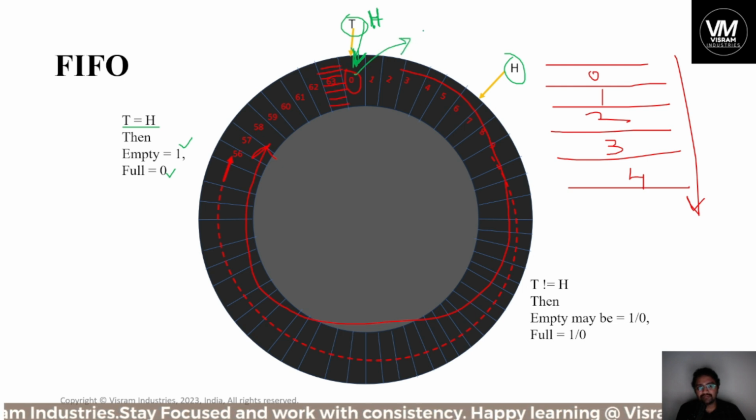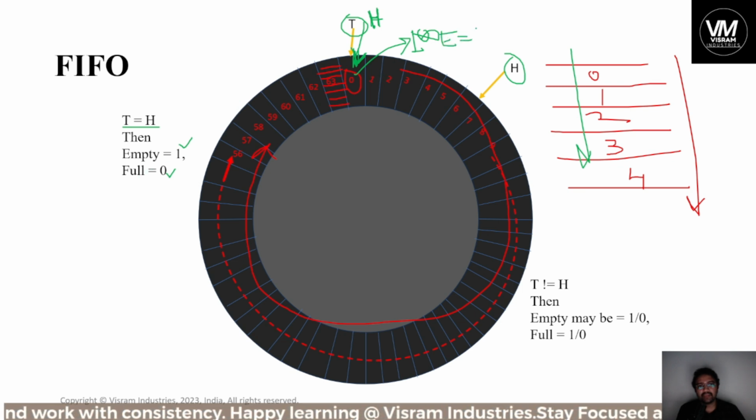Empty is equal to 1, which means there is no data in the entire memory. So empty is equal to 1 if they are both at the same location, but full is equal to 0. Why is full equal to 0? No data means full is equal to 0. No data means empty is equal to 1.